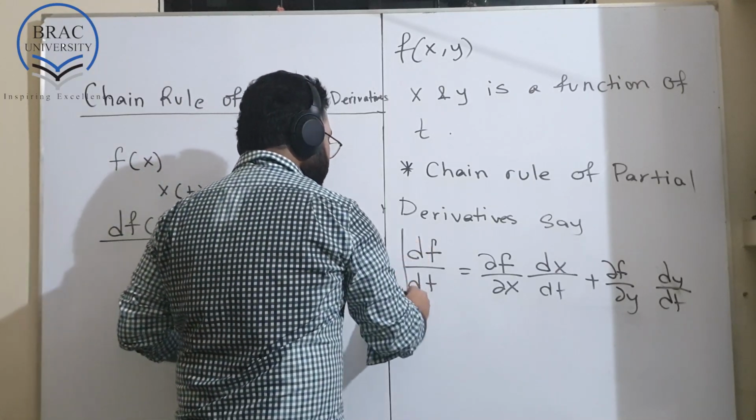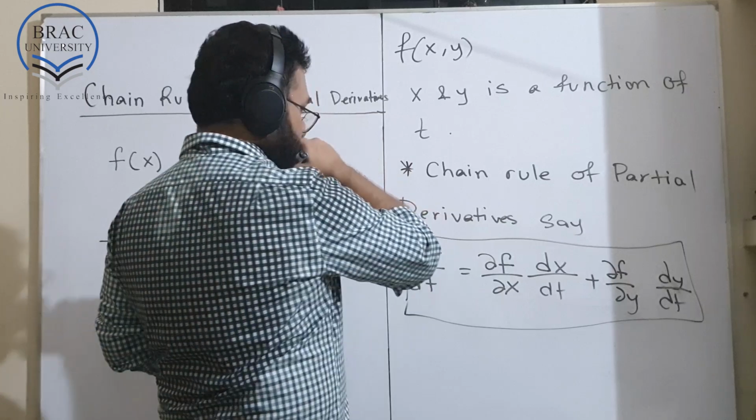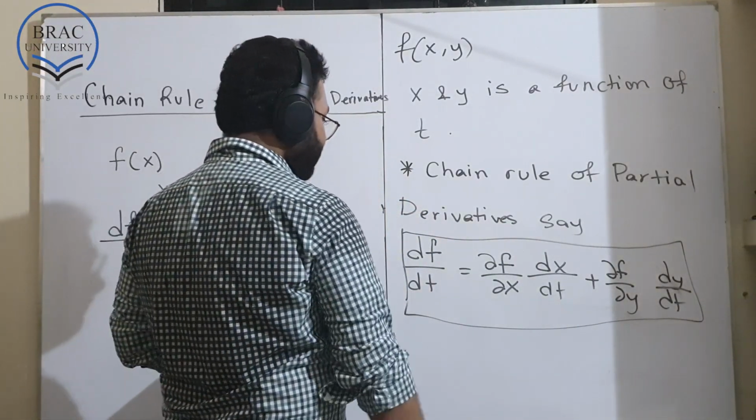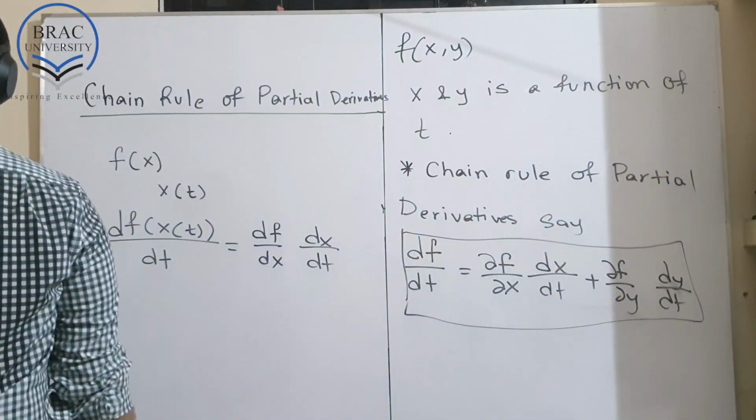This is the chain rule of partial derivatives. You can expand this to an n variable case. I'll show it after the example. Let's see an example first.